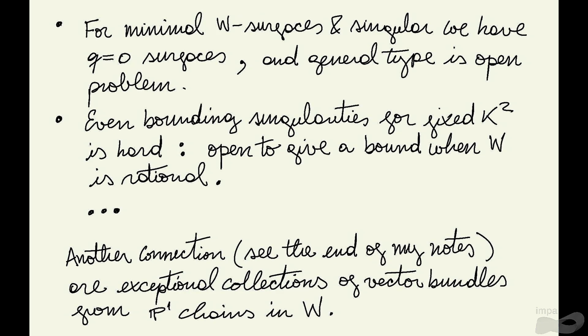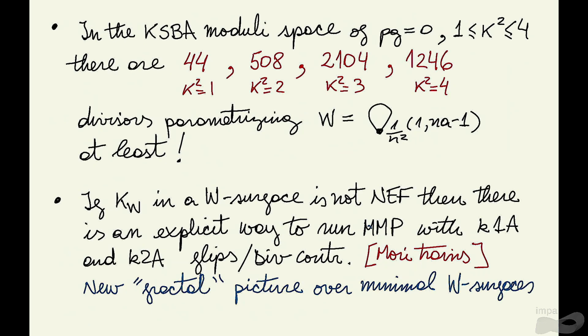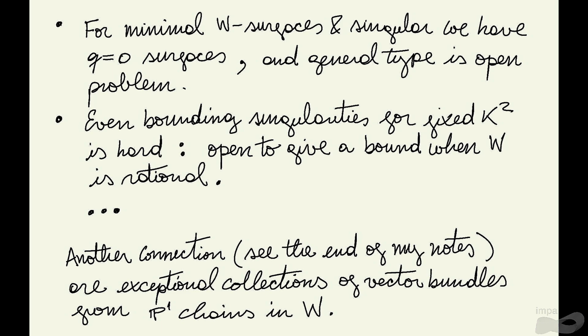Yes? These numbers are what we have found. No, we don't. So it's something that I mentioned here, that this problem, even bounding singularities for a fixed K squared, like in that case, is kind of hard. Now, when it's not that rational, we have these bounds, so we can produce in principle a list of these.